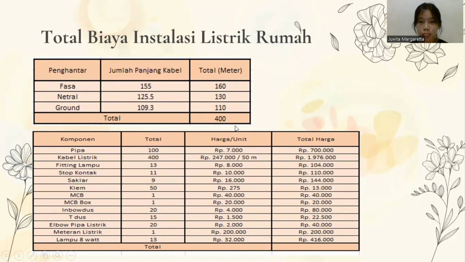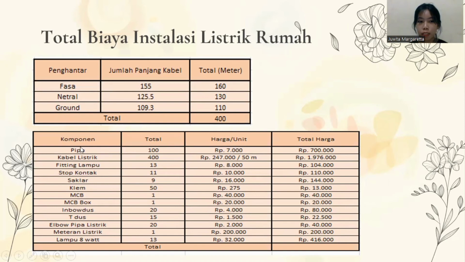So the total is 400 meters. And in the second table, we can see the components that I use at my house, the total of each component, the cost of every component, and the total cost of each component.